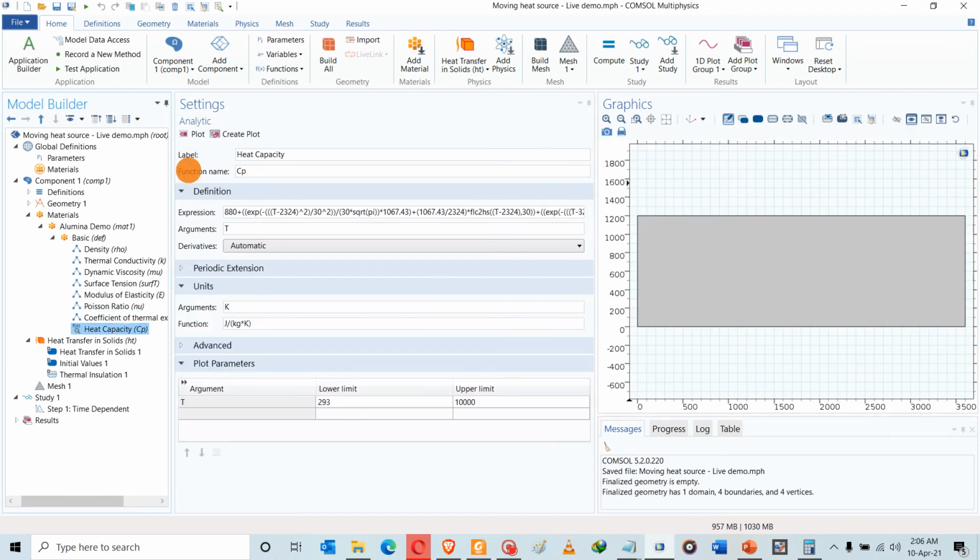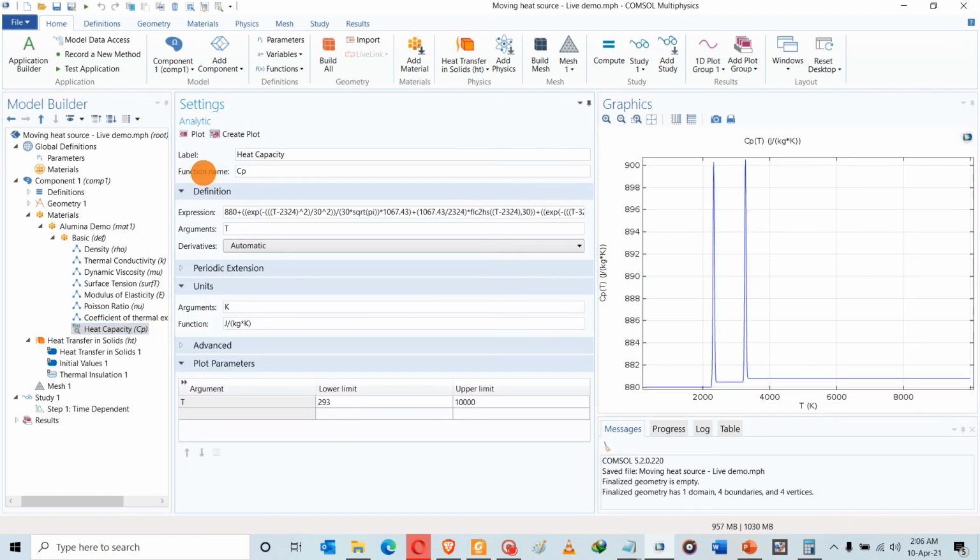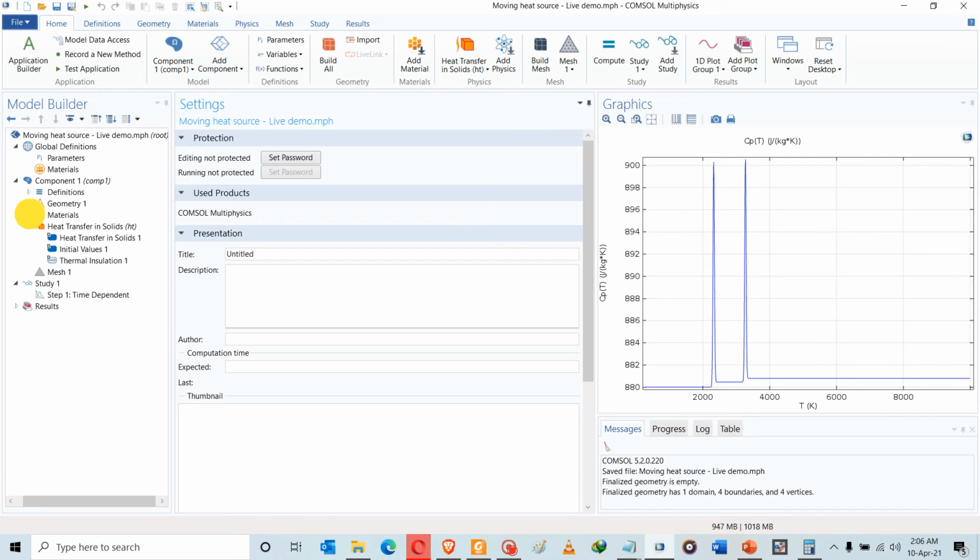We have even the heat capacity here. So essentially we have all these parameters that we want, or at least the material properties that are temperature dependent, which is what you want in the simulation, at least to improve its accuracy.